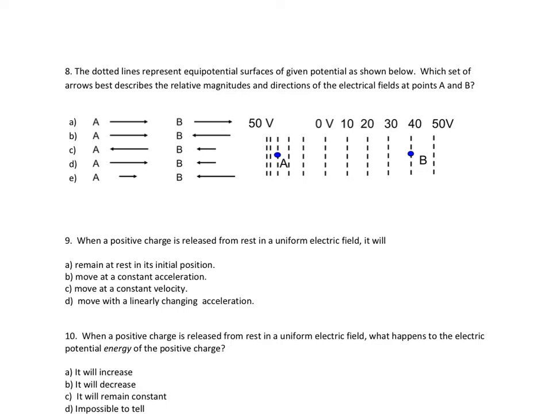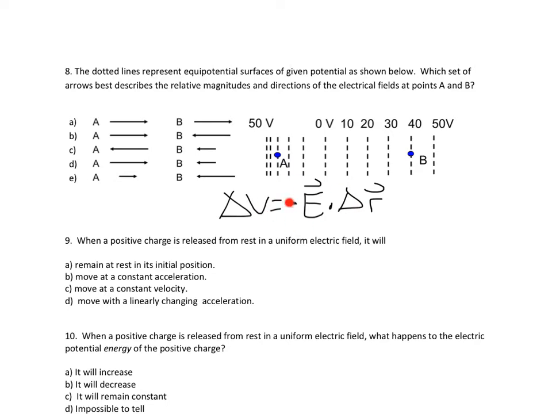Problem 8. In this case, the formula that is relevant here relates the electric field to the change in potential. The first thing that this formula implies that I'm going to consider is the direction of the electric field.